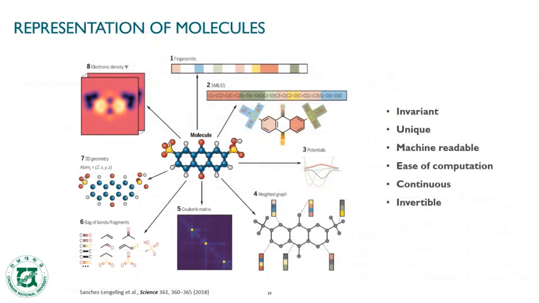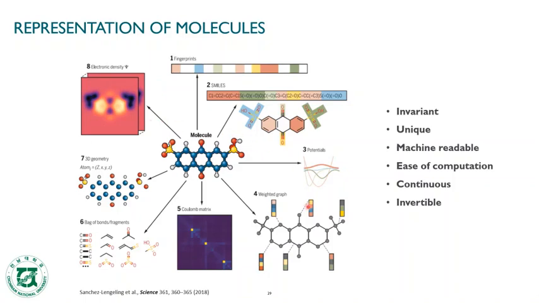Finding a good molecular representation for deep learning networks is also one of the open research problems. There are many different representations, like encoding the molecular structure into strings, a bag of bonds and types of atoms, or even electron density field maps.